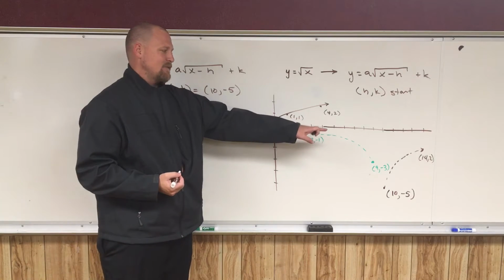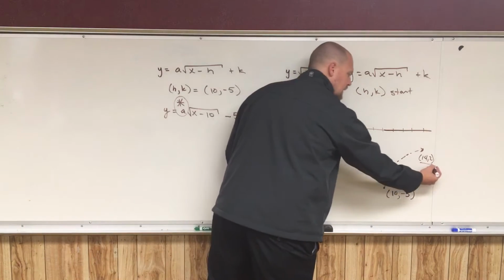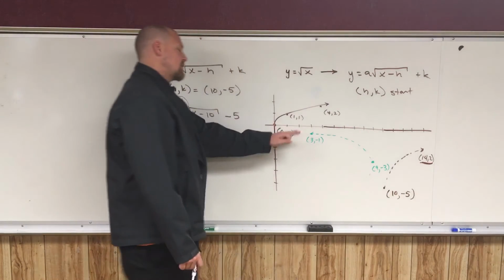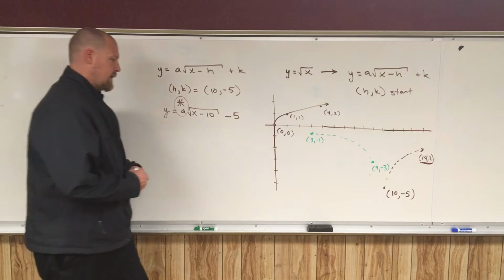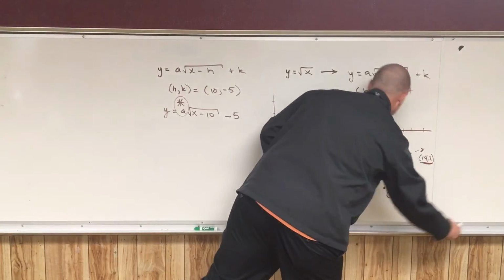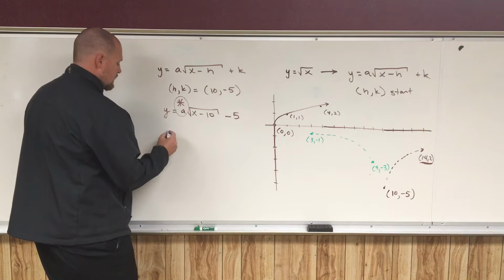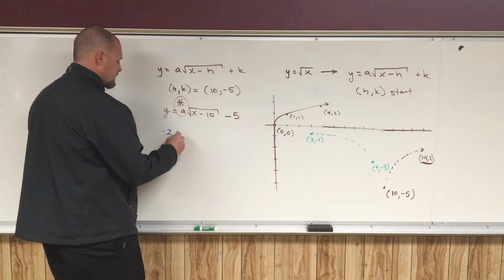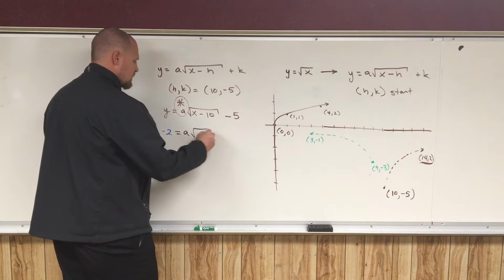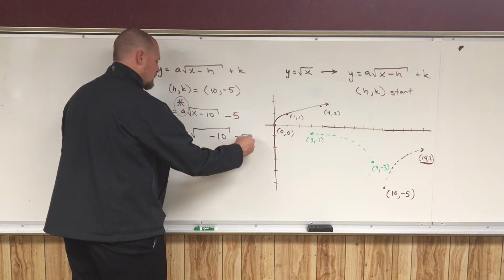So I need to take the x value of 14 and the y value of 2 that we have right here, and substitute in for x and y to solve for a. So if I have 2 as my y value, that equals a times the square root of x minus 10 minus 5.